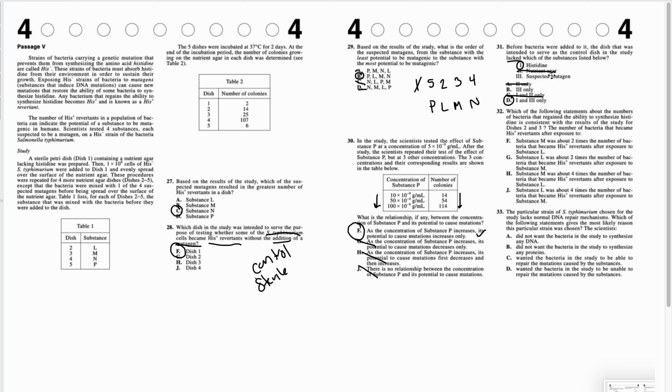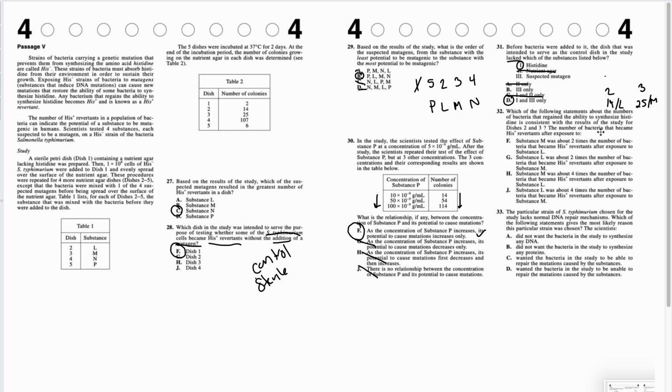Dish 2 has 14 colonies, and it's substance L. Dish 3 has 25 colonies, and it's substance M, because down here it does tell me the substances.